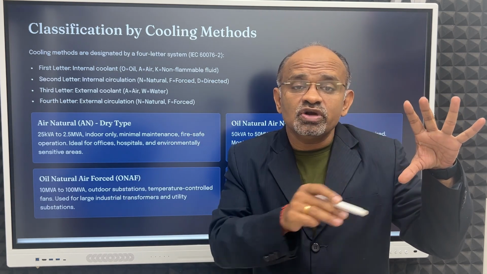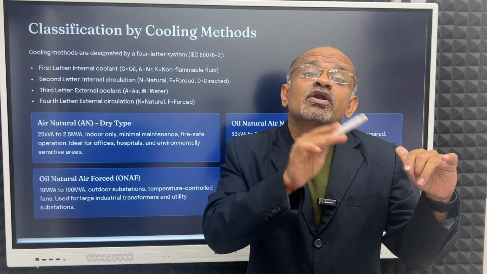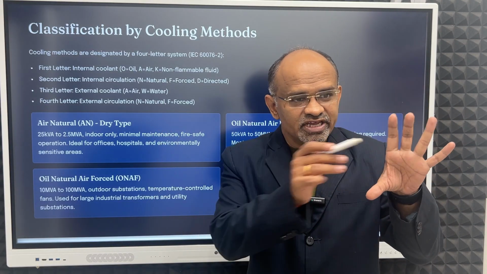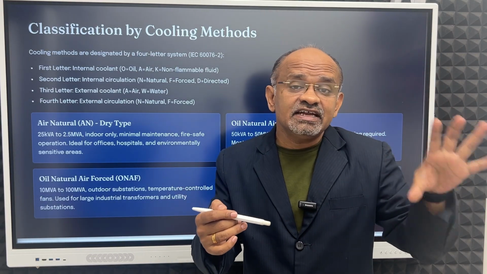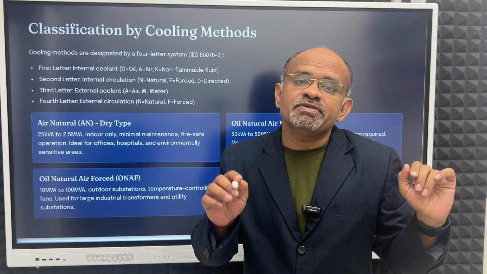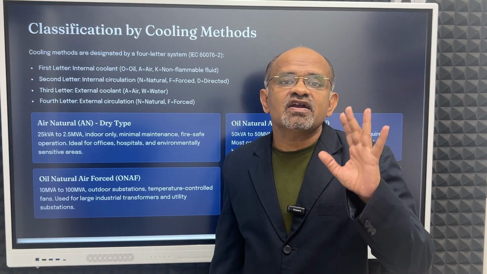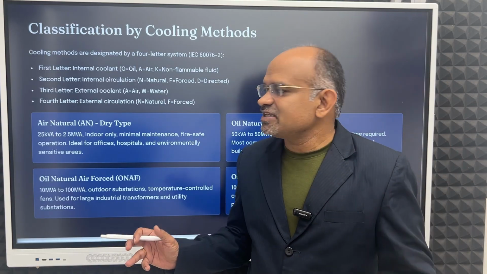So it is only a directional flow. It is not rotating there like natural cooling. It takes out heat, is cooled down, and comes back. So that is called directed. It is used for big, huge, high capacity transformers.